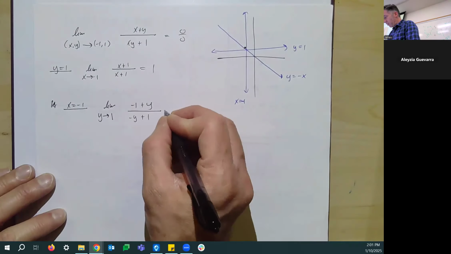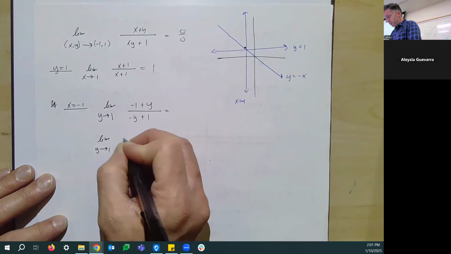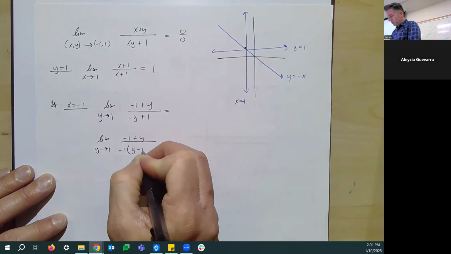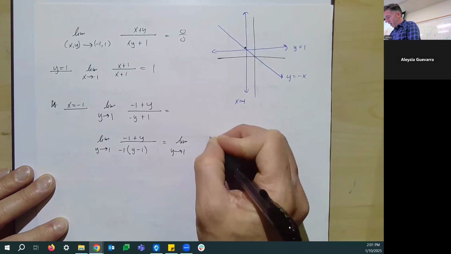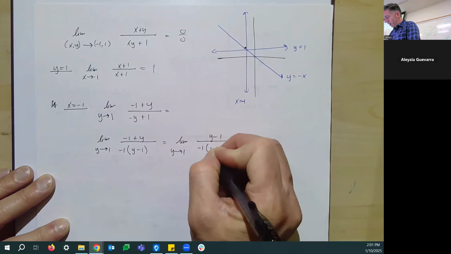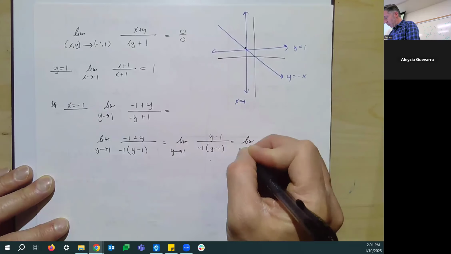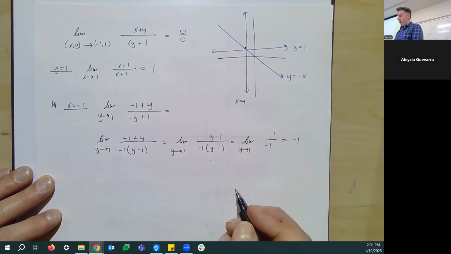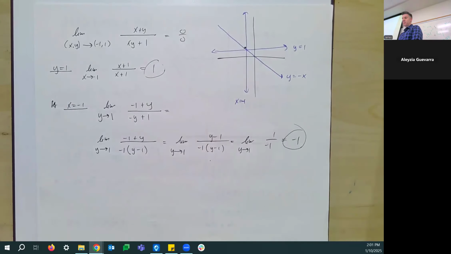So if you factor out a -1 from the bottom, we can rewrite this as the limit as y approaches 1 of y minus 1 over -1 times y minus 1. The y minus 1's cancel, leaving the limit as y approaches 1 of 1 over -1, which is -1. And oh, they're not the same. So the limit doesn't exist.